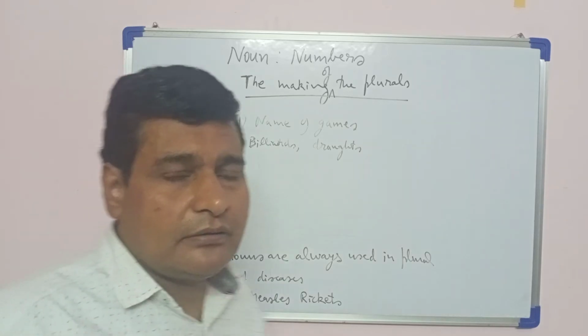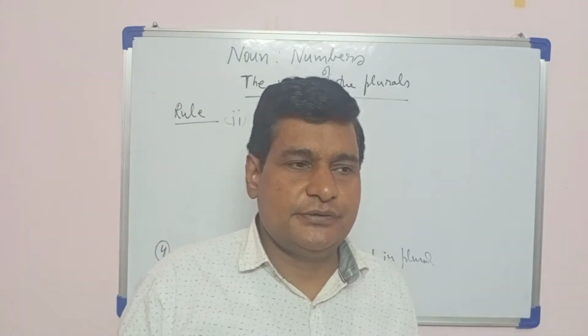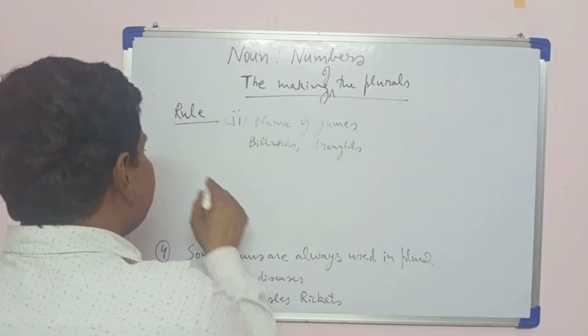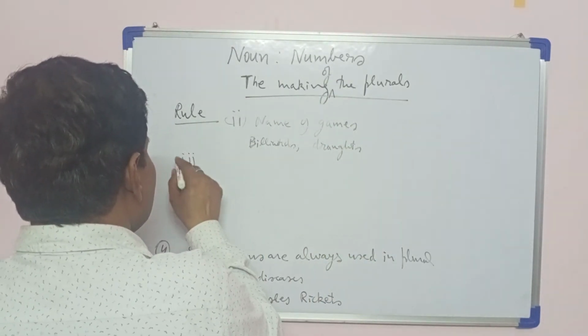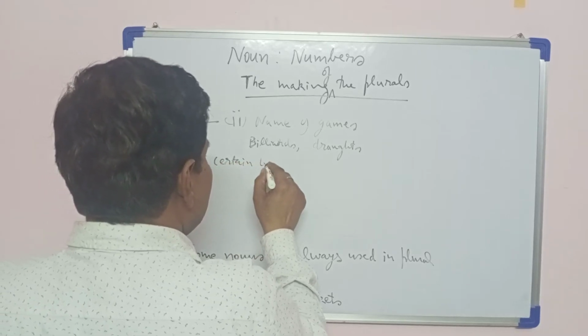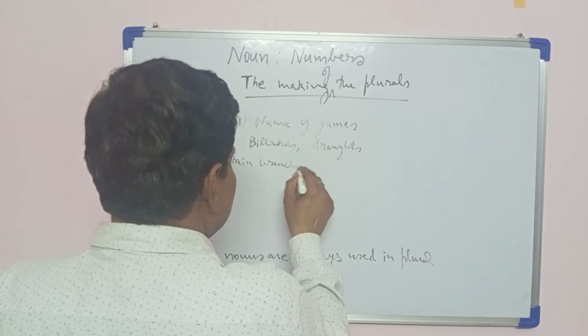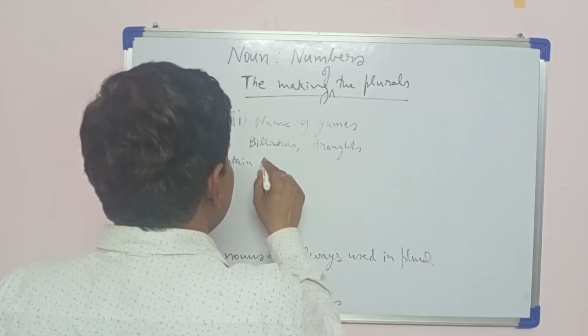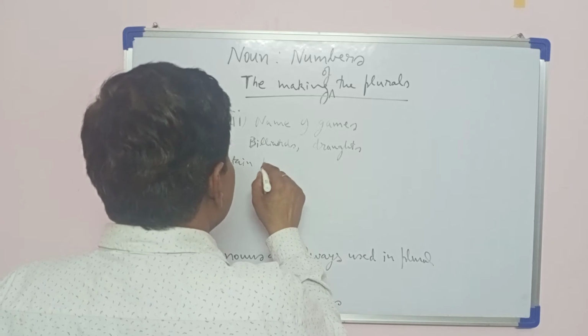There are certain branches of knowledge like mathematics, economics, physics. Certain branches of knowledge, certain branches of science.